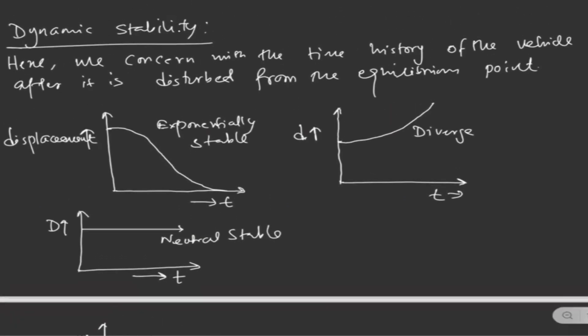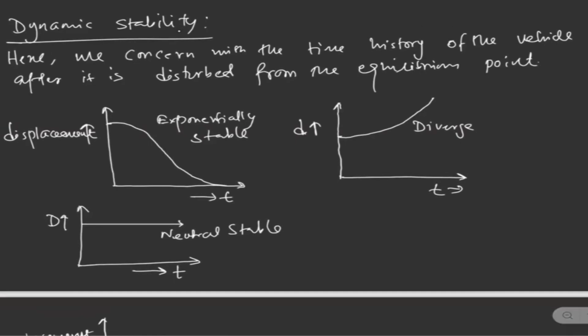And if you have this kind of property, this is my displacement, this is the time axis. If the system starts from here, and over time it oscillates, and after some time it converges to the equilibrium point, in this case we are assuming the equilibrium point of the displacement is 0.